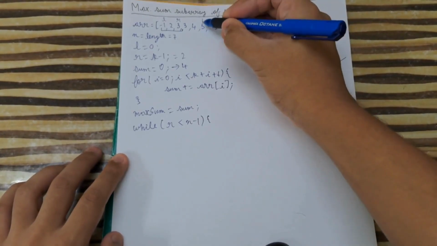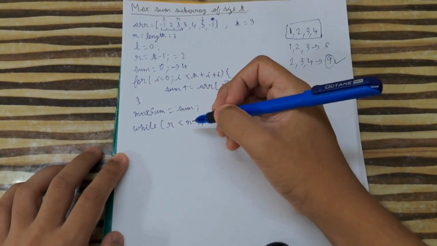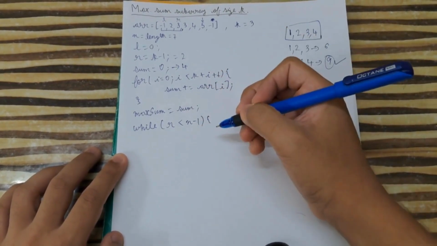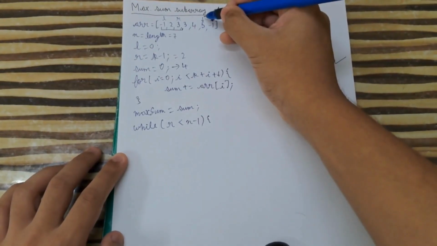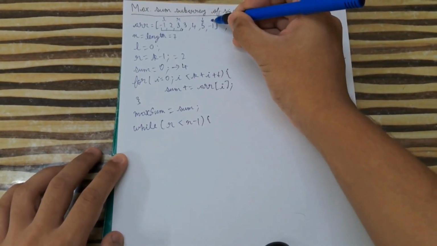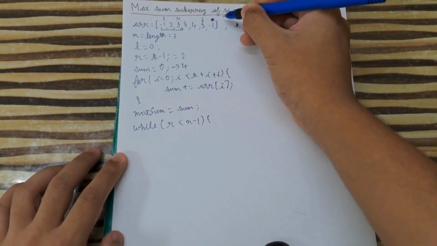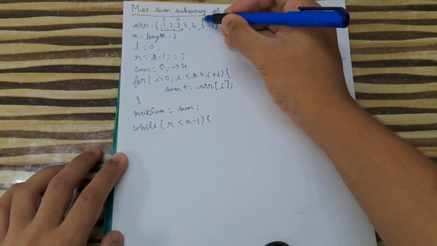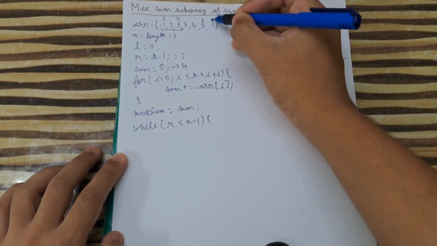So R should only go till here, because later in this while loop we also do L plus plus, that is increment L, and we also increment R. If R goes till here and we increment R, the next element is nothing, it would be an error. So we only go for the loop till here, and R plus plus checks for this one.